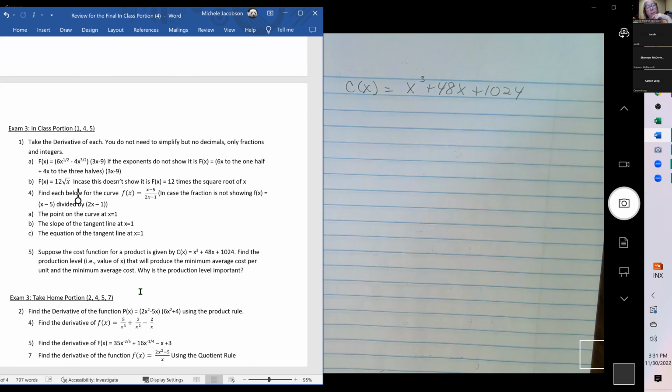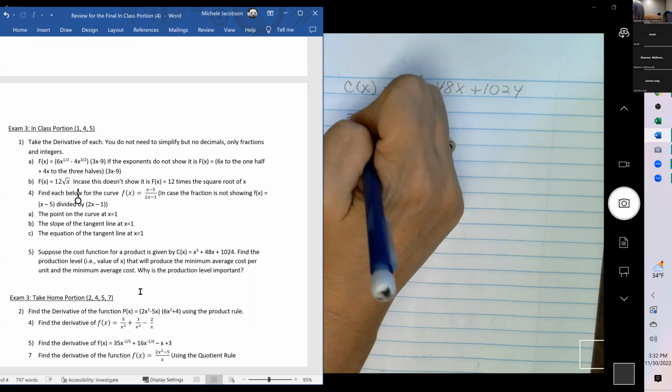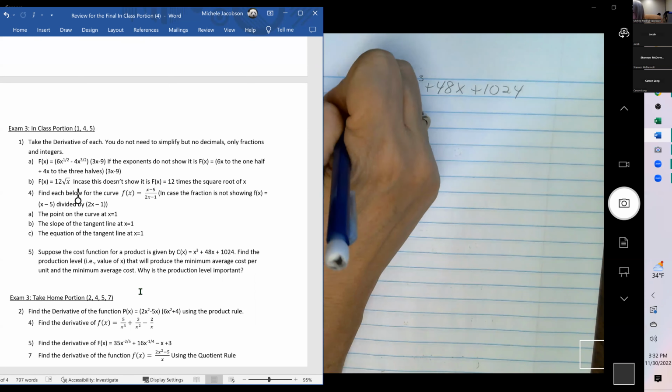Find the production level that will produce the minimum average cost per unit and the minimum average cost. The production level is important because by knowing how many you should produce at a time, it gives you the smallest cost per item. But in order to do that, we need the average cost function.